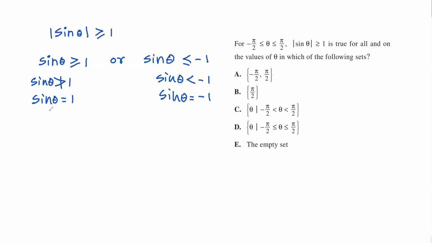So when sine theta is 1, then theta equals pi over 2. And many more values, it can be 5 pi over 2 and 9 pi over 2, but the domain is restricted basically from -pi over 2 to pi over 2. So in this domain, the only value of theta possible is pi over 2, right?